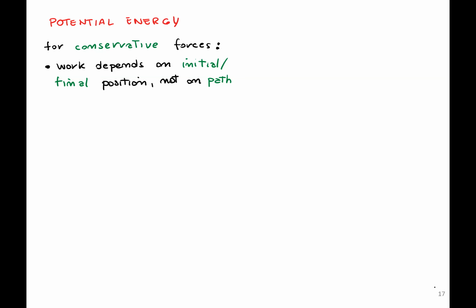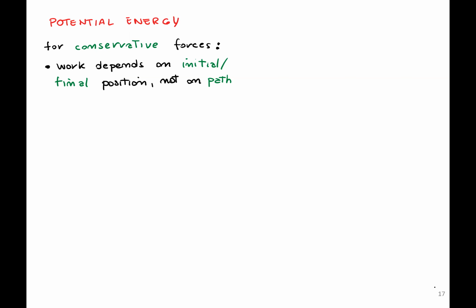In the case of conservative forces, the work made by a conservative force depends on the initial and final position, and not on the path that you follow to achieve that.